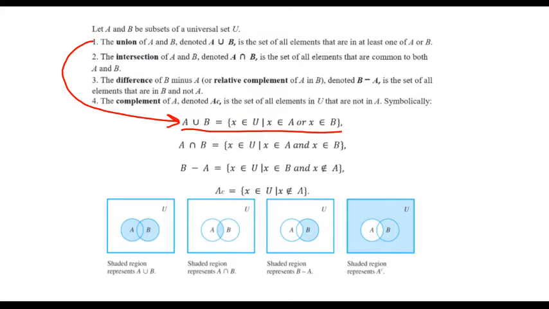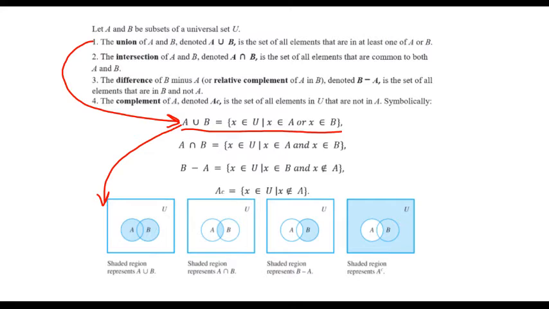Okay, so in order to illustrate this definition, we usually show it in a Venn diagram, which basically gives us a schematic and symbolic form of the definition of union. Here is the Venn diagram of the union operation.